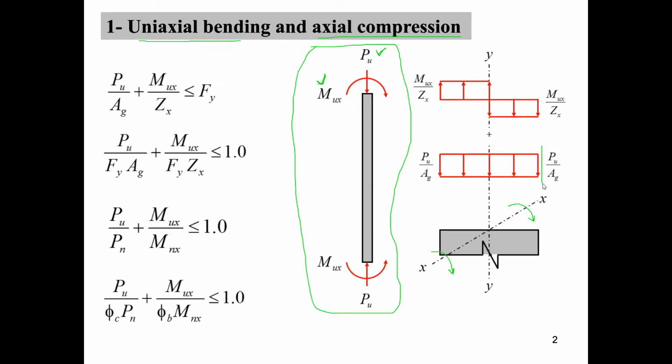The axial compressive stress will be Pu over Ag, and the bending stress will be Mux over Zx, where Pu is the factored axial load, Ag is the gross area of the cross-section, Mux is the factored bending moment about the x-axis, and Zx is the plastic section modulus with respect to x-axis.